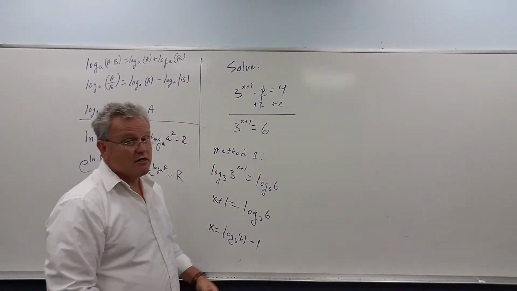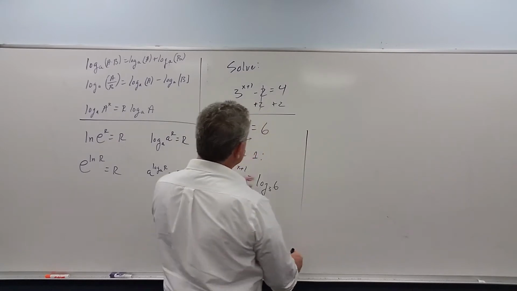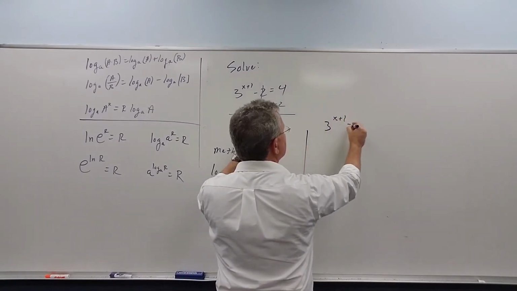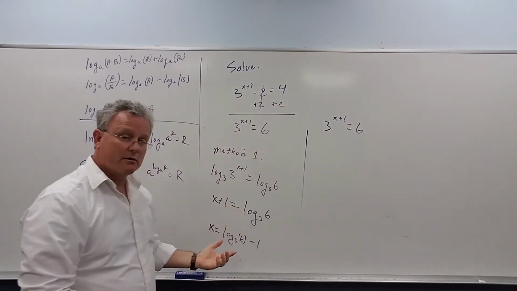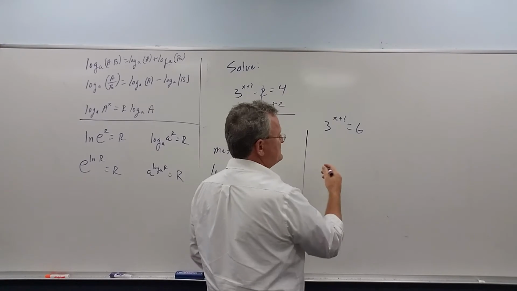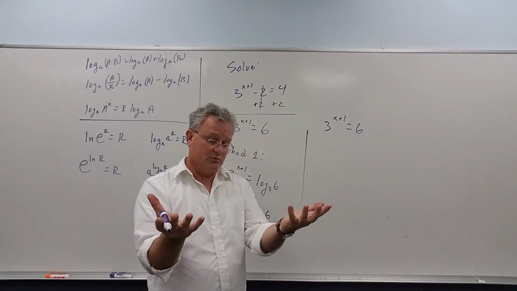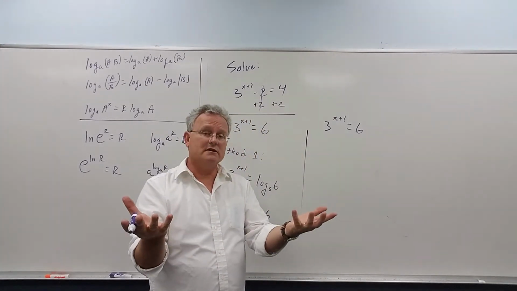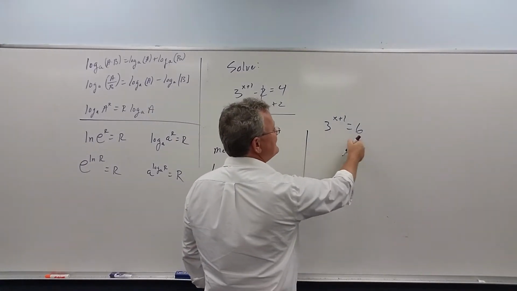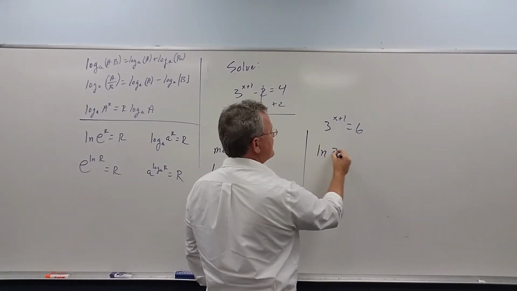Now let me show you another way we could have solved this equation. At this point, instead of using log base 3, we could just take the natural log of both sides. Again, if we have anything equal to each other, you can do anything to both sides as long as you do it to both sides.